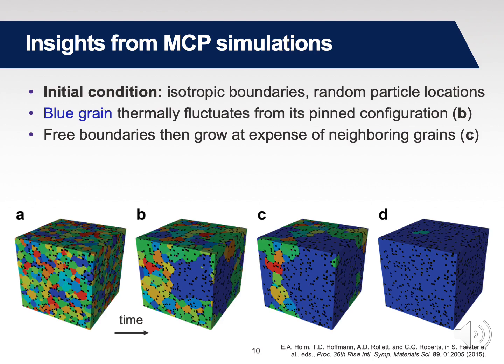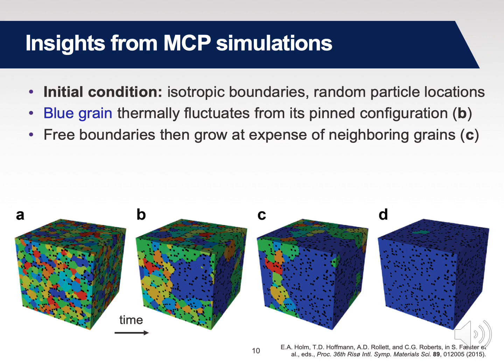And what they observed is that at very, very long times, you have one grain that thermally escapes from its pin configuration. And this is 1 out of 20,000 grains in her three-dimensional MCP simulation. And eventually this abnormal grain attains a size that's much, much larger than the Zener prediction, as you might expect. And at the very end, she ends up with a single crystal.